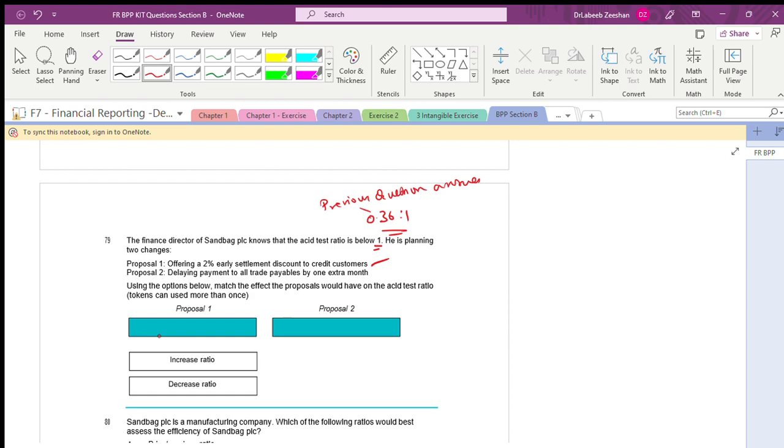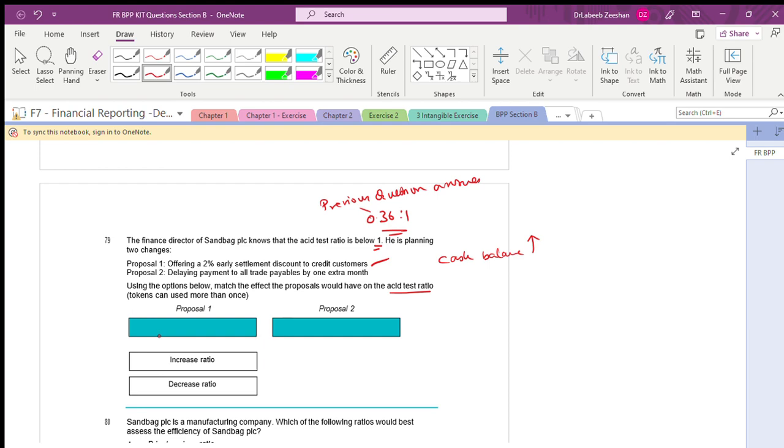Using the options below, match the effect each proposal would have on the acid test ratio. For the acid test ratio, what we have to increase is cash. Cash balance has to increase. Marketable securities, receivables and cash are compared to payables.